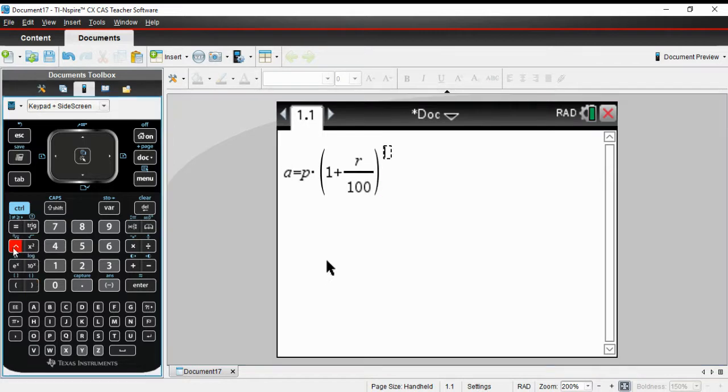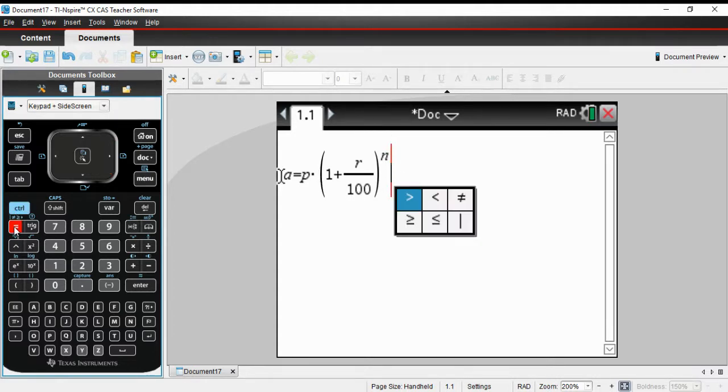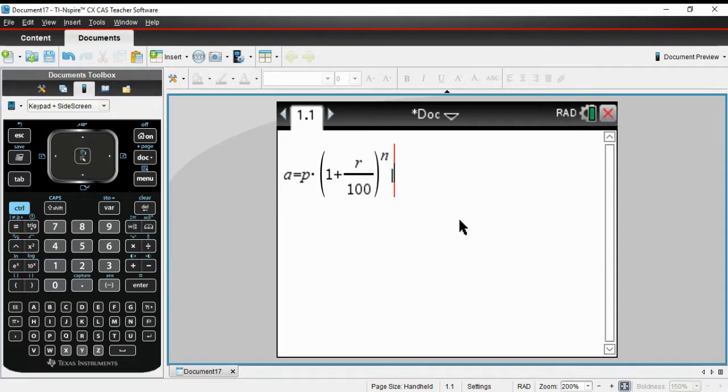Then I go to the power, use that little hat symbol there, the power of N, and then I press sideways. So that takes me away from being up with the indices, back to having a larger cursor again.